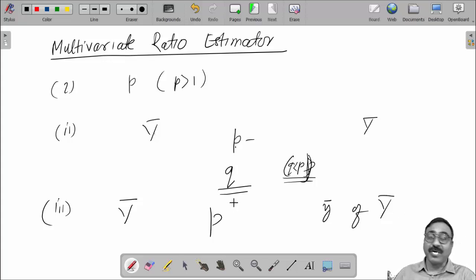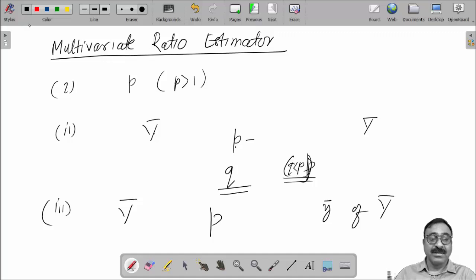So that means we have to compare this with the simple mean estimator, where we do not use any of the auxiliary information. We now use the multivariate ratio estimator suggested by Olkin and consider the above three questions first for the bivariate case, and then we shall examine it for the multivariate case.